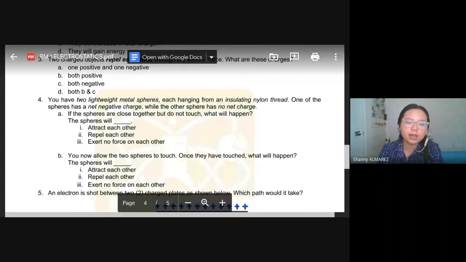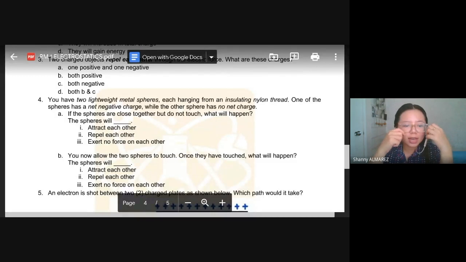So again, the situation here is the other one has a net negative charge. The other one is neutral or no net charge. Pag pinaglapit natin sila, anong mangyayari?